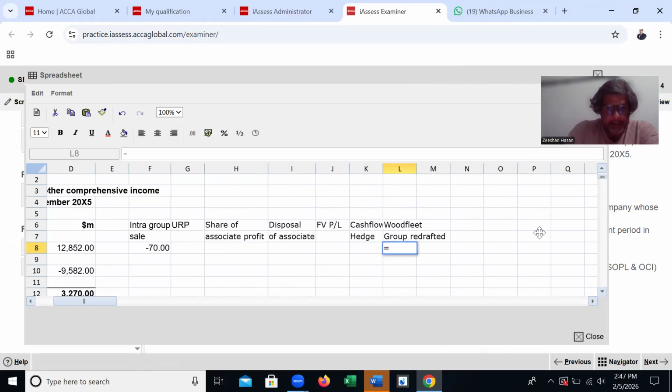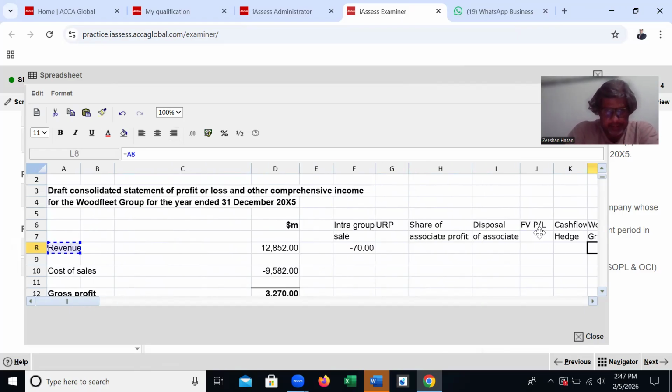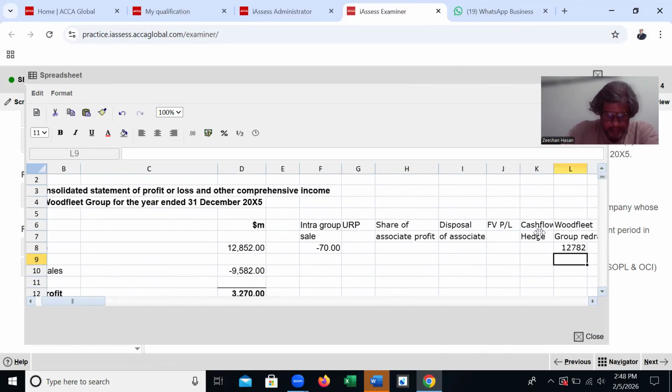Woodfleet group reflected, this plus this, 782. Bang on.